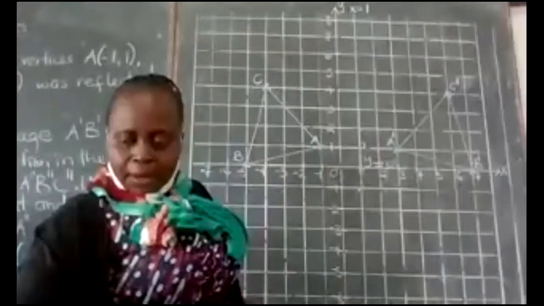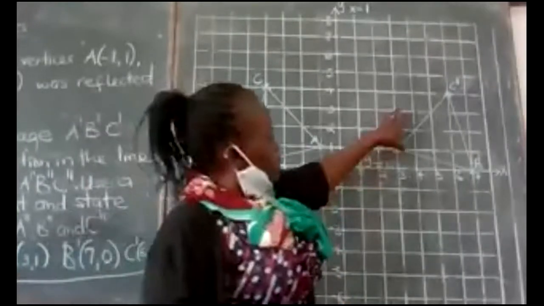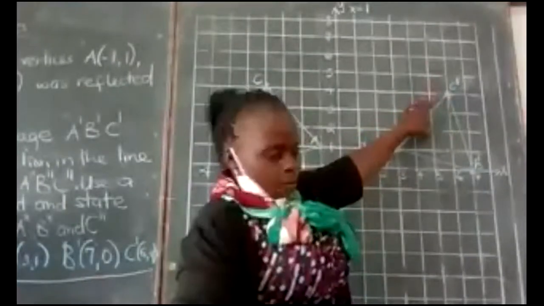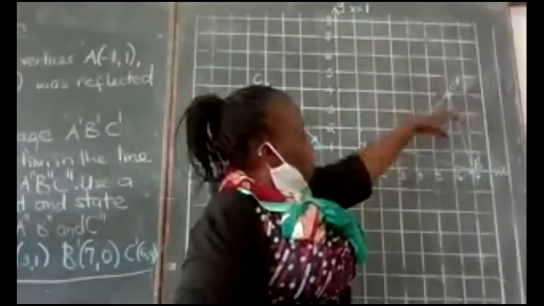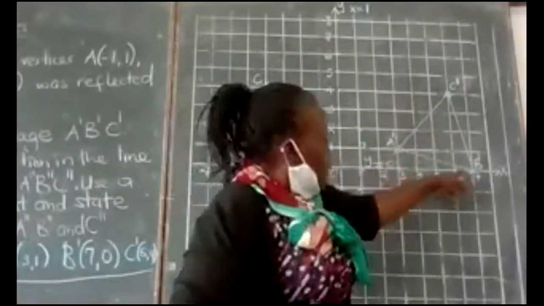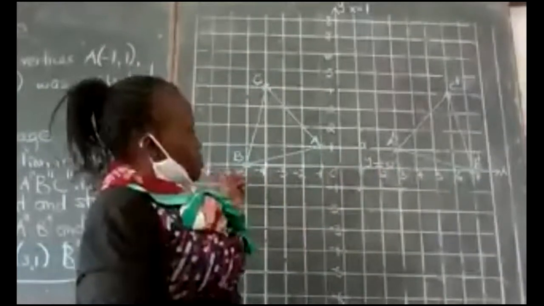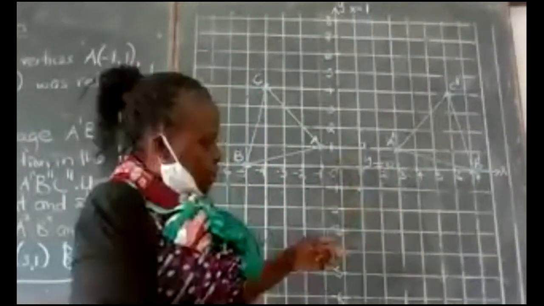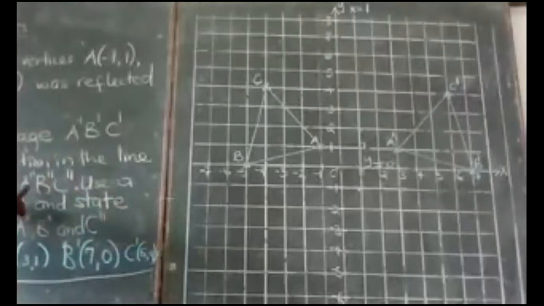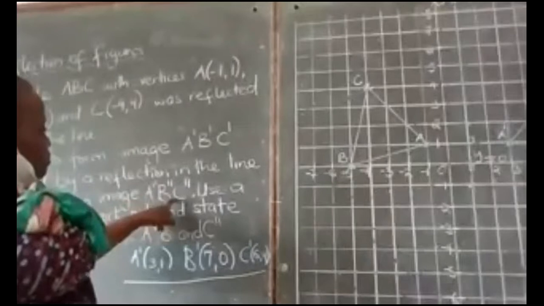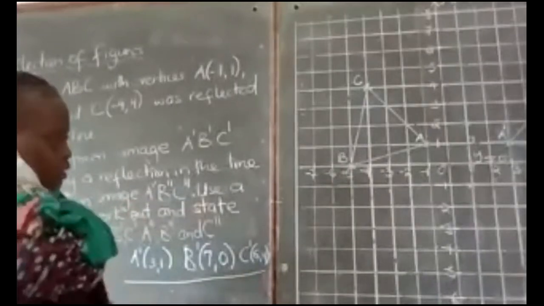Now remember, our object now is this A prime, B prime, C prime. So we are going to reflect this object through the line y equals to 0 to form another image which has these coordinates A double prime, B double prime, and C double prime.